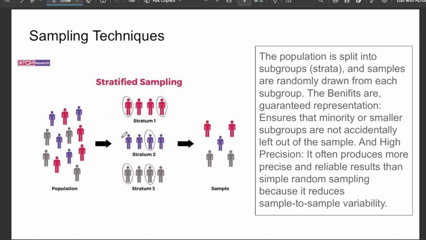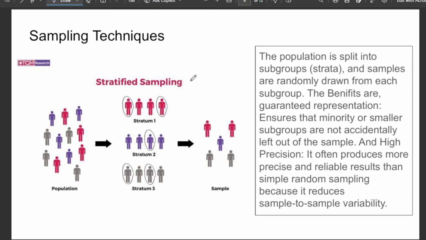The benefits are guaranteed representation, which ensures that minority or smaller subgroups are not accidentally left out of the sample, and high precision. It often produces more precise and reliable results than simple random sampling because it reduces sample-to-sample variability. An example would be sampling an equal percentage of freshmen, sophomores, and juniors.